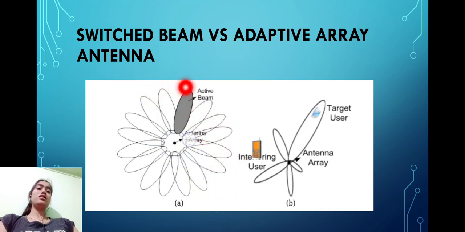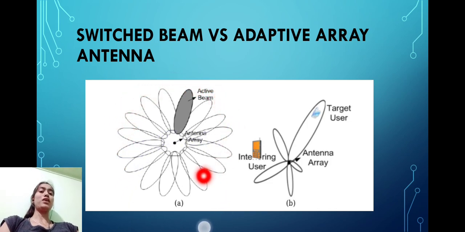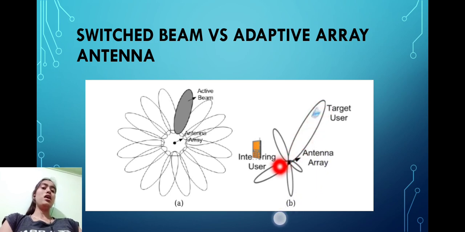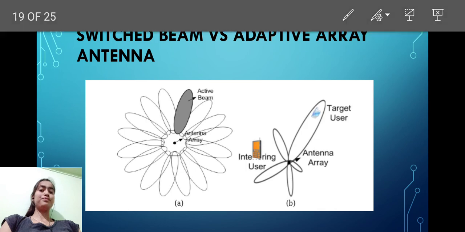Here we can see there is fixed magnitude. Each one of the beams has a fixed magnitude, but in this case only the beam applied to the target user has the maximum amplitude, and the magnitude of the other beams is suppressed. So this is more intelligent than this.